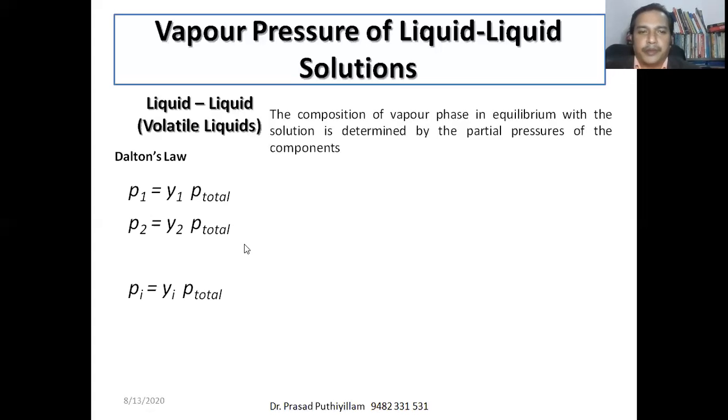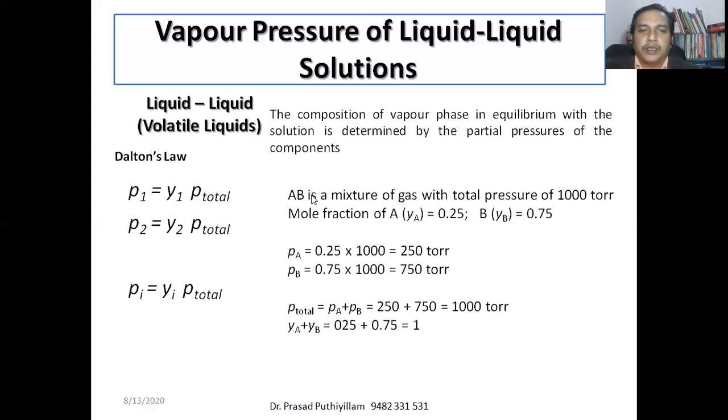Again, a confusion may arise, that's why I took an example. Say a mixture of two gases A and B with a total pressure of 1000 torr, and mole fraction of A, that is Ya, is 0.25, and mole fraction of B, Yb, is 0.75.